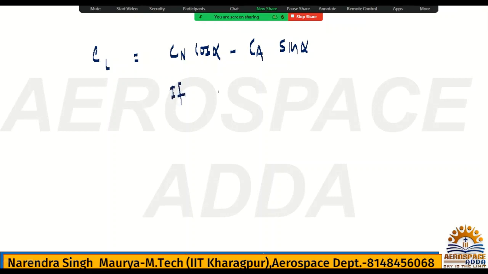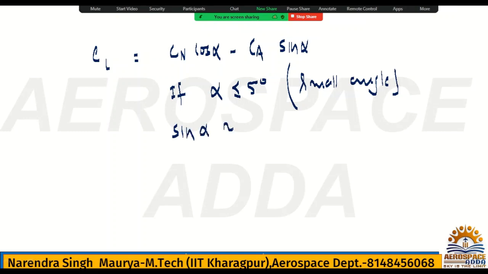If alpha is less than or equal to 5 degrees, it is very small. Then what will be the sin alpha? For a very small angle, sin alpha will be alpha. Yes or no? And what will be the cos alpha?